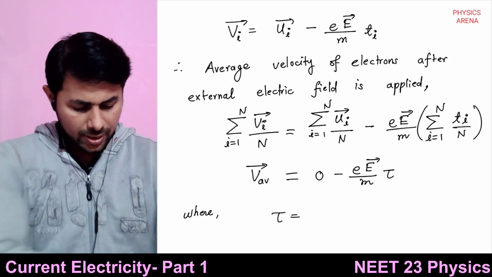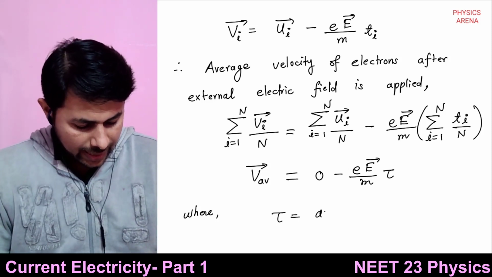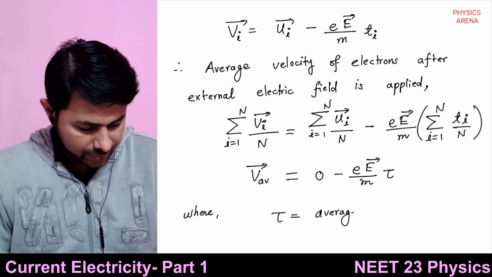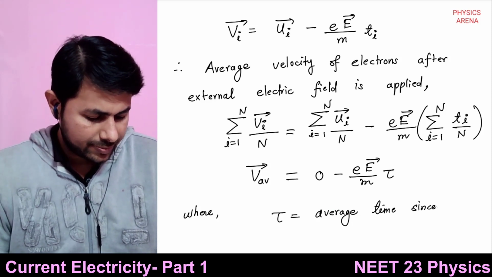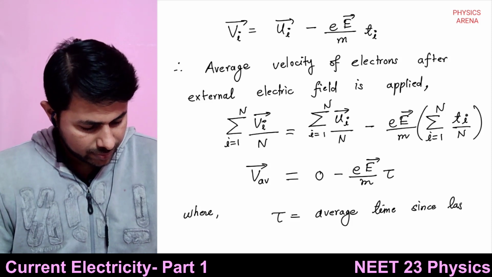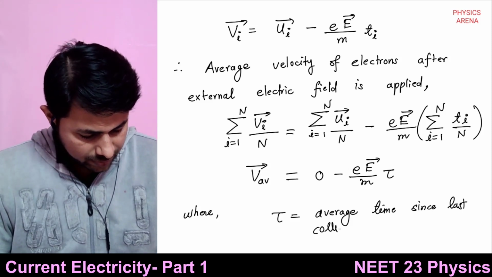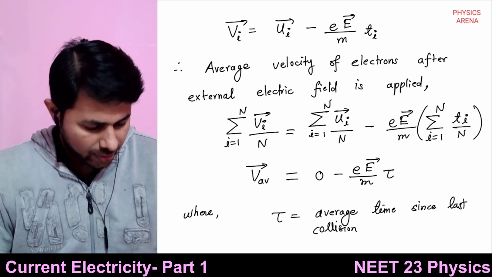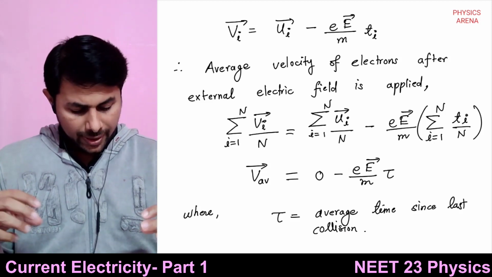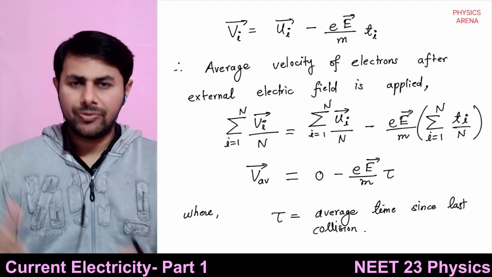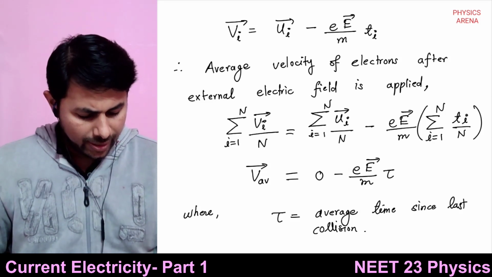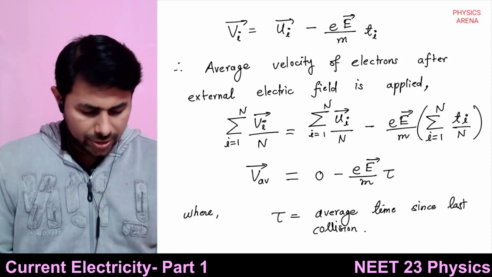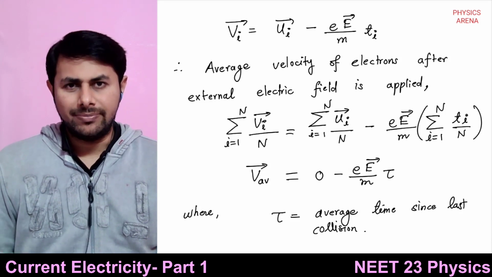where tau is known as the average time since last collision of all electrons, or you can say it is the average time between two collisions of an electron. It is also called relaxation time.